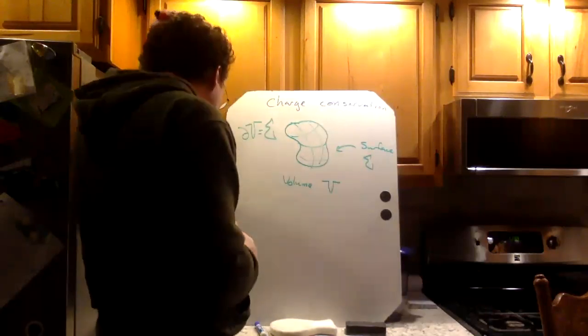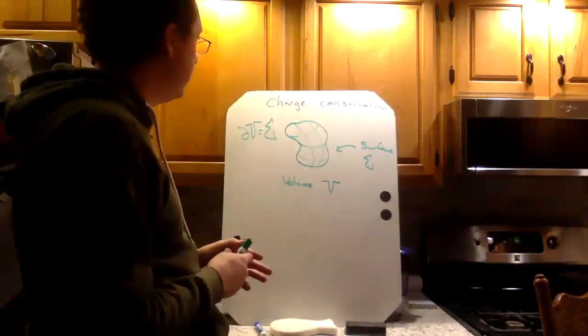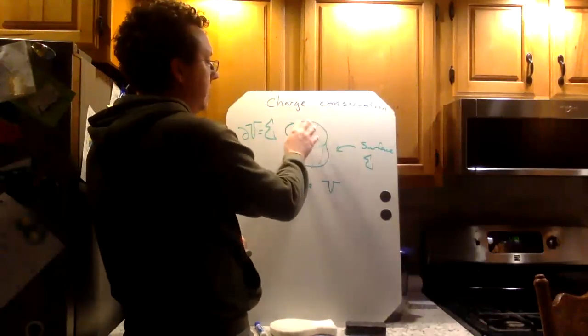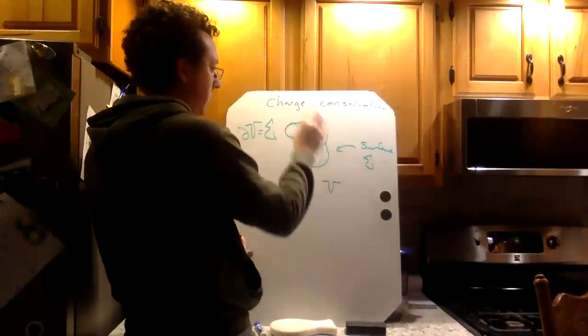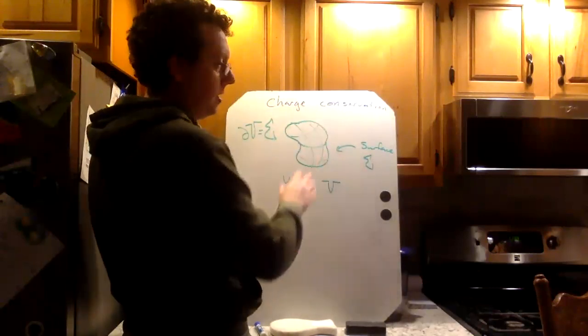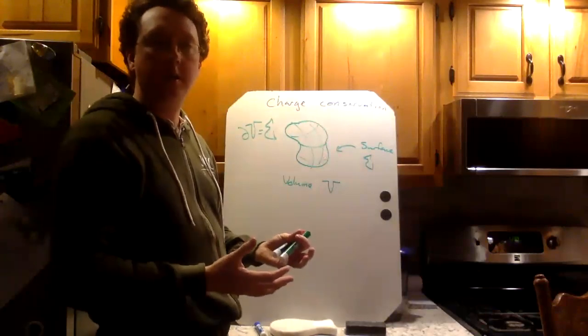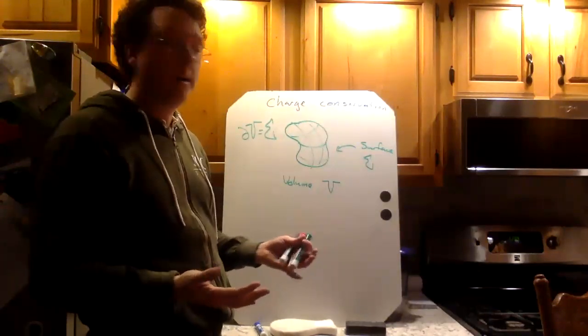The idea of charge conservation is the following. Imagine you had some charge on the inside of this volume. And then imagine that the volume lost charge. Well, it had to go somewhere.